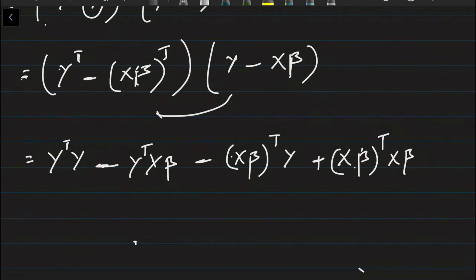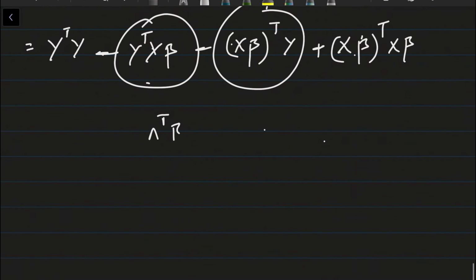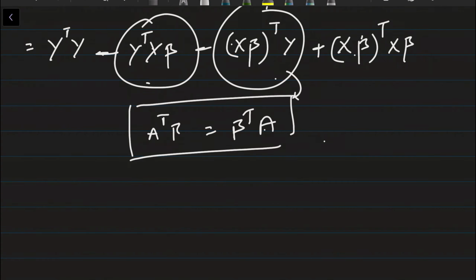Okay, in matrices, this thing and this thing are similar. That is, A transpose B equal to B transpose A. Okay, we'll be using this formula here.